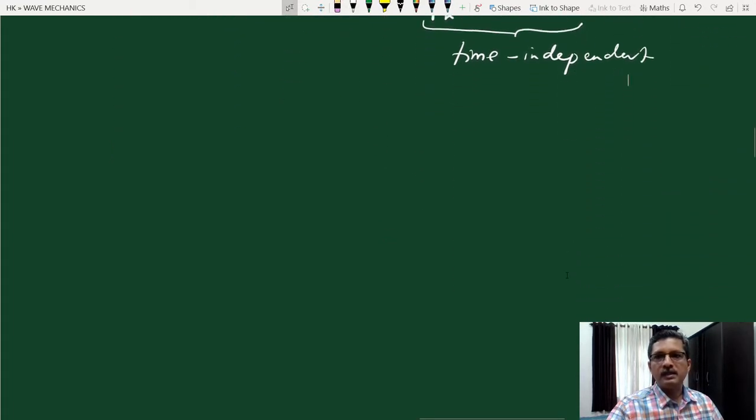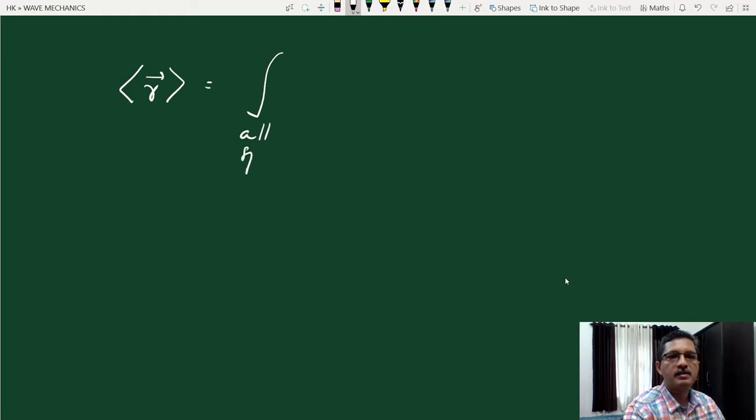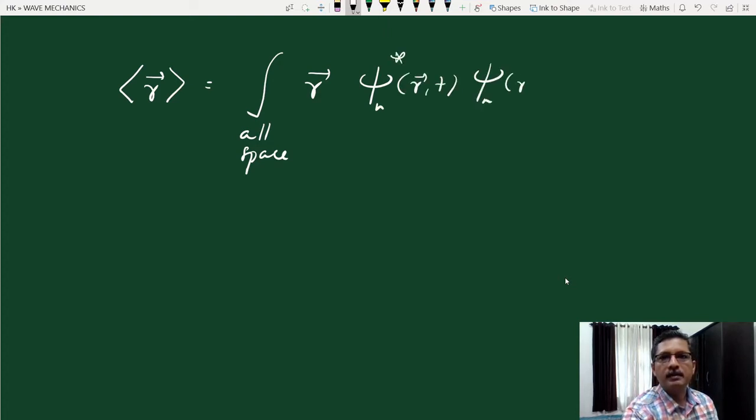So this is one result, and secondly, let us calculate the expectation value of the position vector of the electron when the electron is in this particular state. So this is the integration over all space of r. Since the position vector is a multiplicative operator, we can place it anywhere when we calculate the expectation value. We don't have to place it in between psi star and psi. So it is psi n star r psi n dV, a volume element, volume integral.